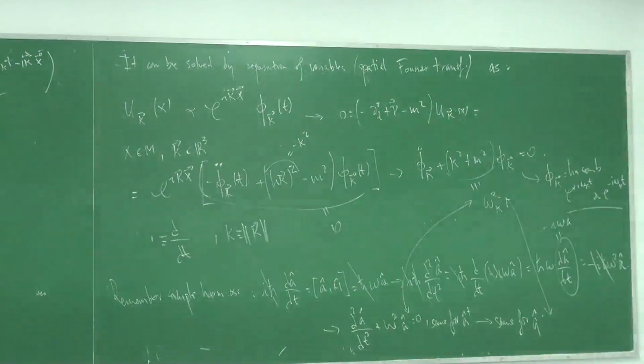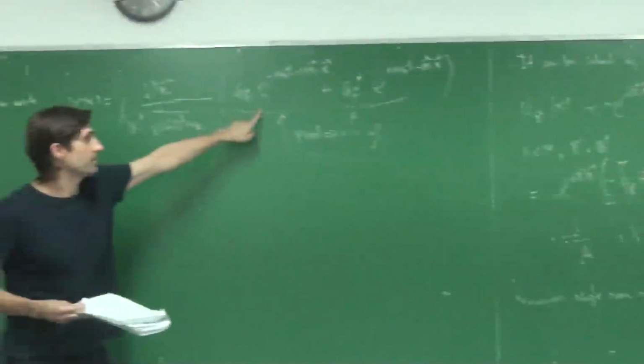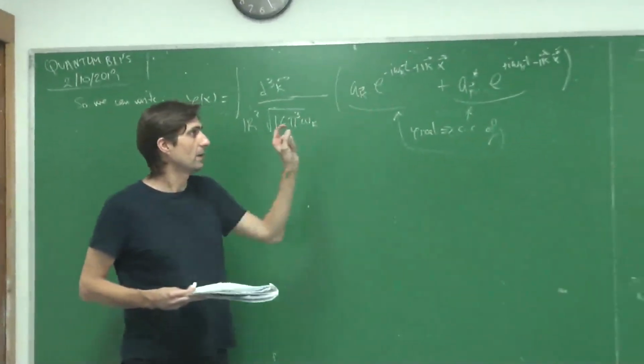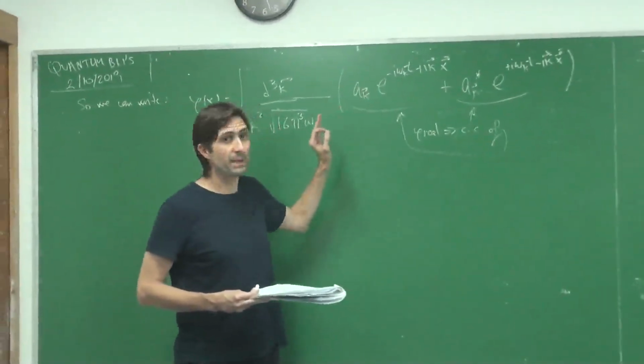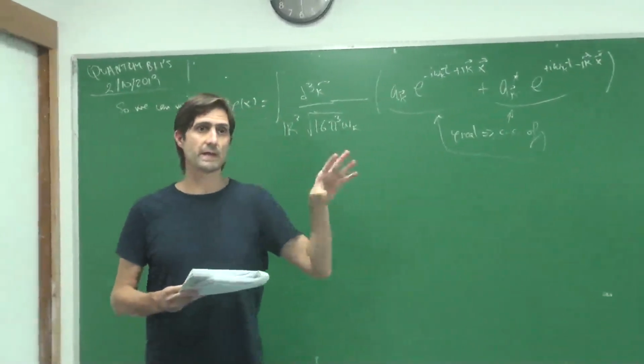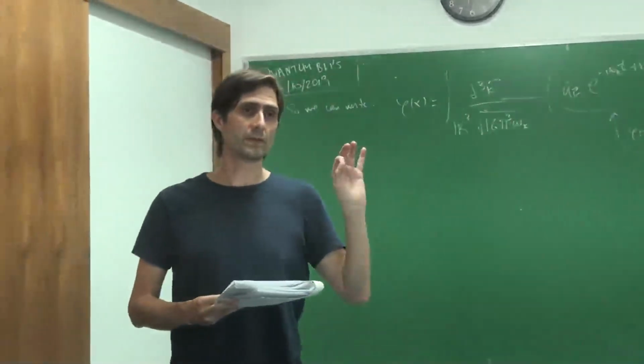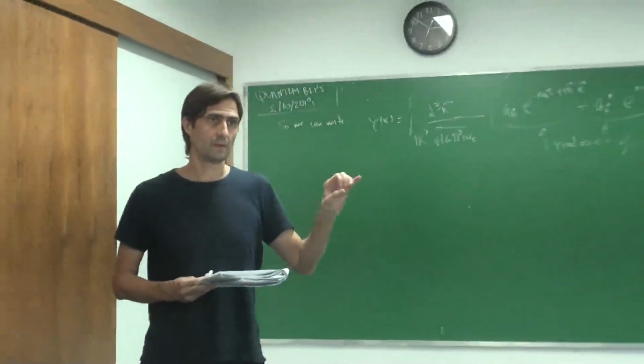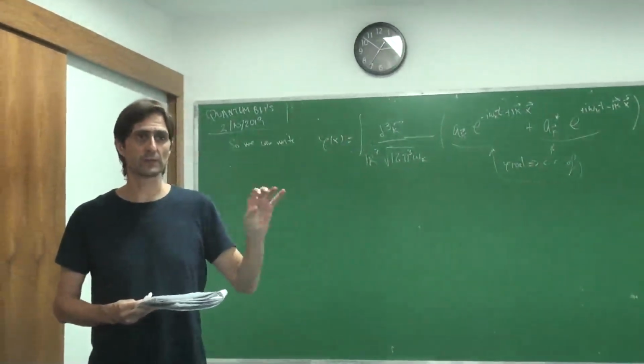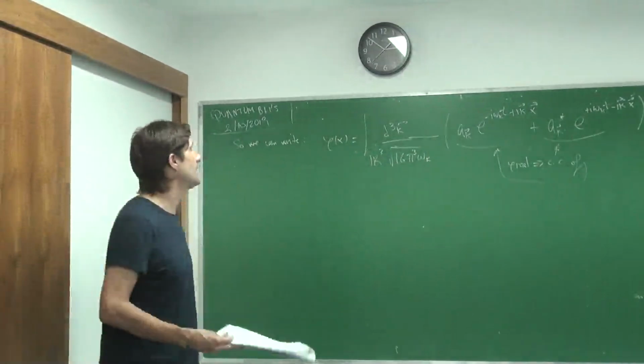This gives you, from the spectral theorem, a complete set of modes, so that you can write the general solution for the Klein-Gordon equation as a linear combination of these modes.